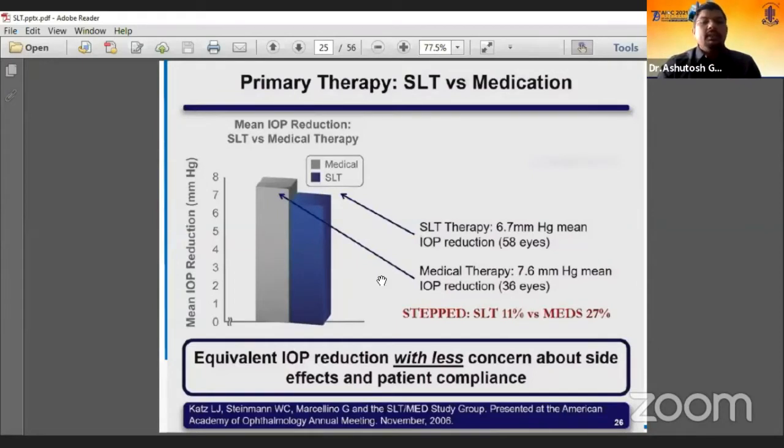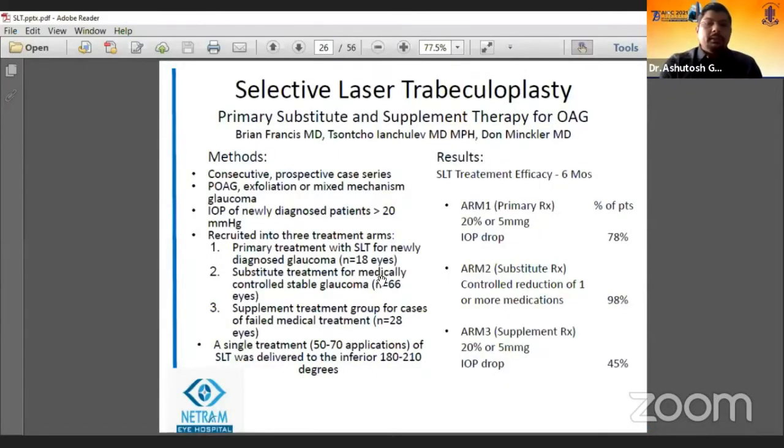Primary therapy of SLT versus medication also favors SLT, but with repeat SLT, the PG analog group favored IOP betterment. So in this study by Bryan et al., they had 3 arms. The first one was SLT, the second one was medical treatment for glaucoma, and the third one was failed treatment.